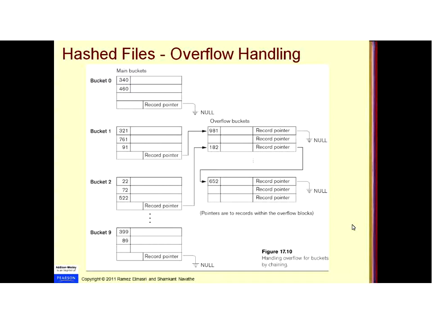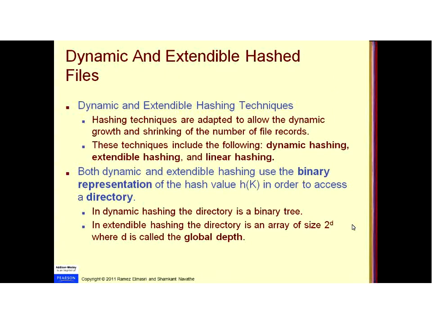Or even if you don't have a fixed number of overflow buckets, having the initial bucket size fixed may be a problem. So you use some techniques which allow dynamic growth and shrinking of the number of file records. These techniques include the following: dynamic hashing, extendable hashing, or linear hashing.